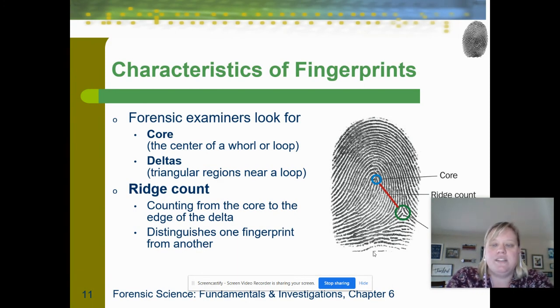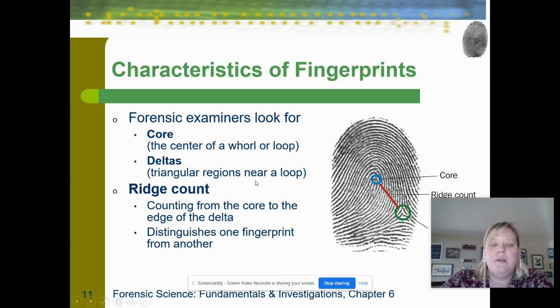Characteristics of fingerprints. There are three main characteristics that forensic scientists are going to look at when identifying fingerprints. The first one is the core, and the core refers to the center of the characteristic. So if it's a loop, it's going to be the center of the loop. If it's a whorl, it's going to be the center of the whorl. The blue circle right here is showing you where the core is.